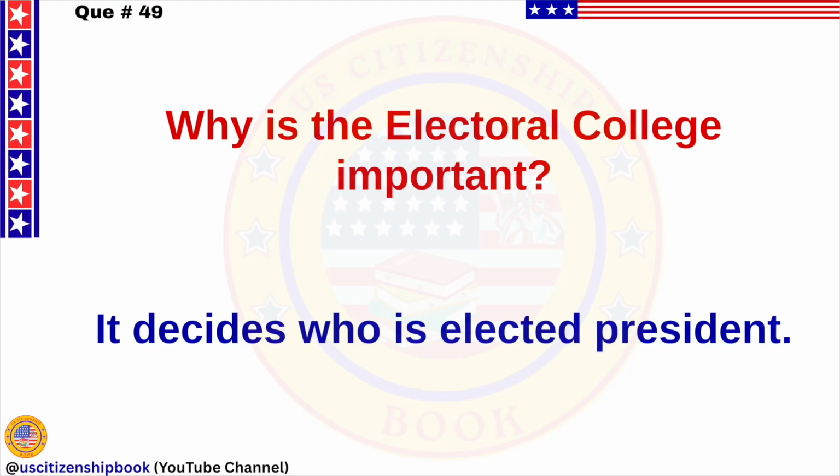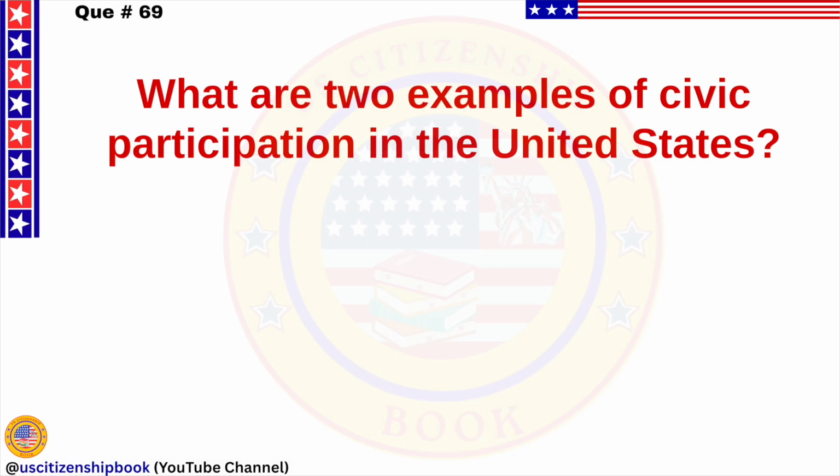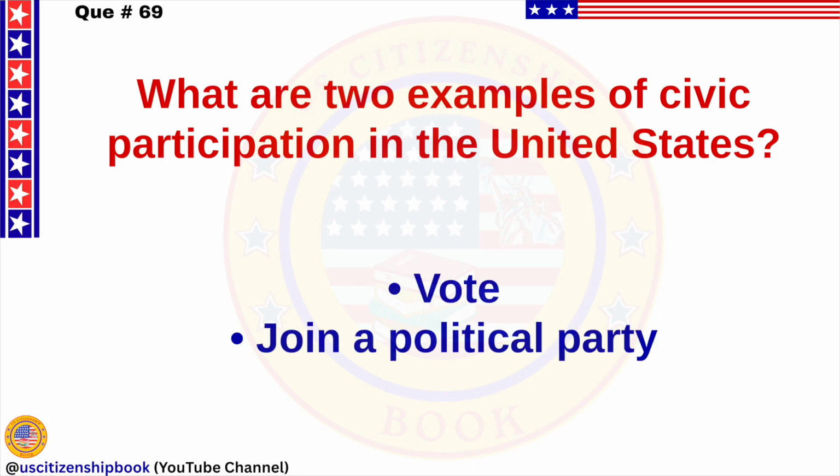It decides who is elected president. What are 2 examples of civic participation in the United States? Vote. Join a political party.